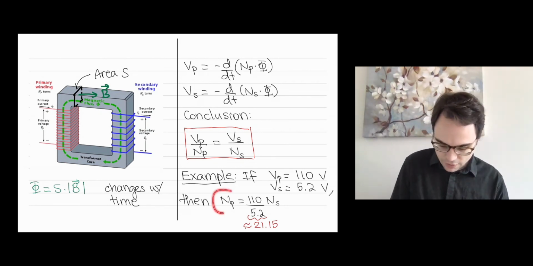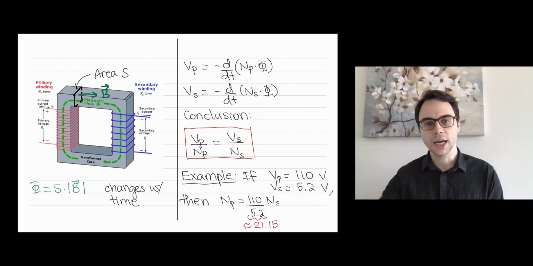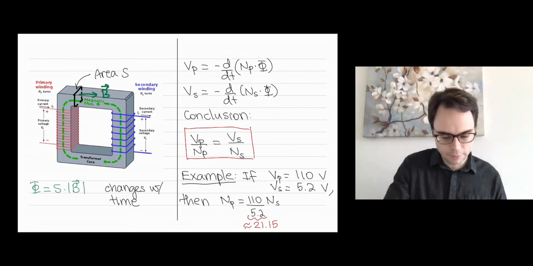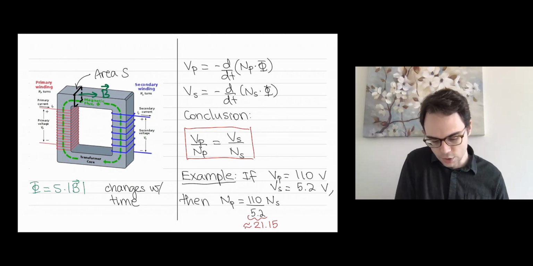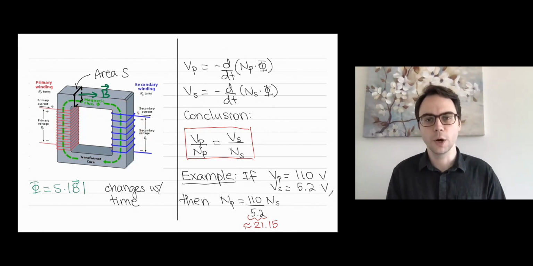So you see that if I want to convert 110 volts into 5.2 volts, I can build a black box like this, just winding the red wire 21.15 times more than the blue wire.